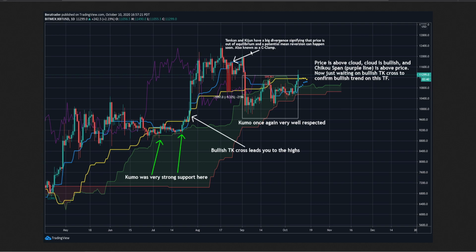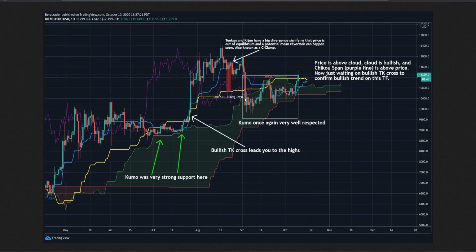The reason why it's known as a C-clamp is that you can kind of draw a C, a rounded formation. But again, it's just an indication telling you that there's going to be a potential mean reversion. And a mean reversion means that you're going to likely come down and test your Kijun, which here we actually blew through it and ended up in our cloud again.